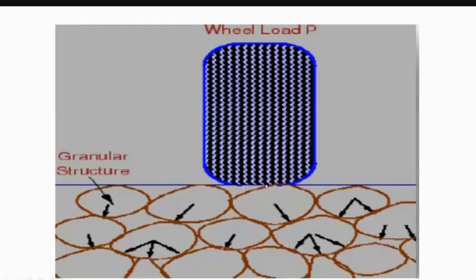This wheel is transferring its contact pressure, at whatever contact points are there, to the top layer of the pavement, and that pavement will be having the materials. It may be aggregates, and the bonding between the aggregates in flexible pavement is with different types of bitumen or asphalt, different grades of bitumen being used, and compacted, right?